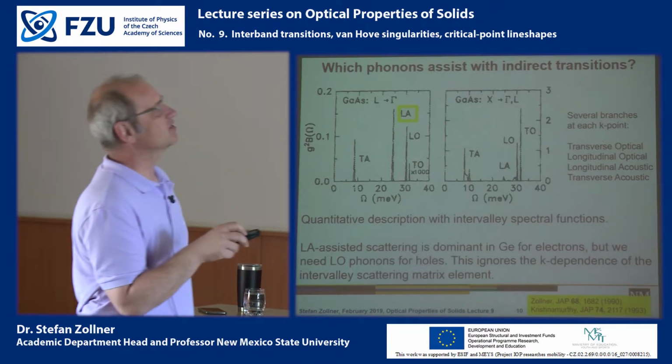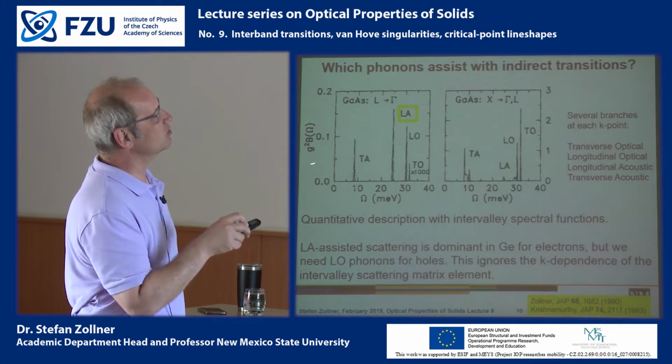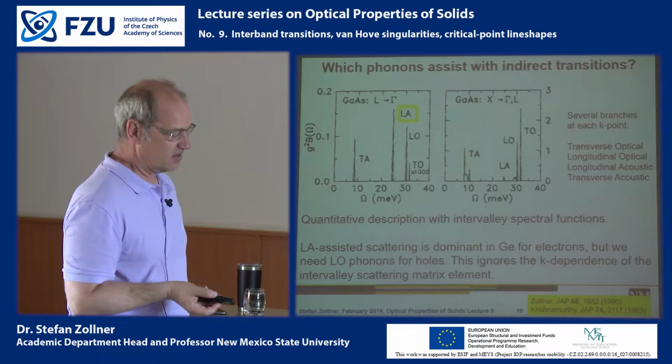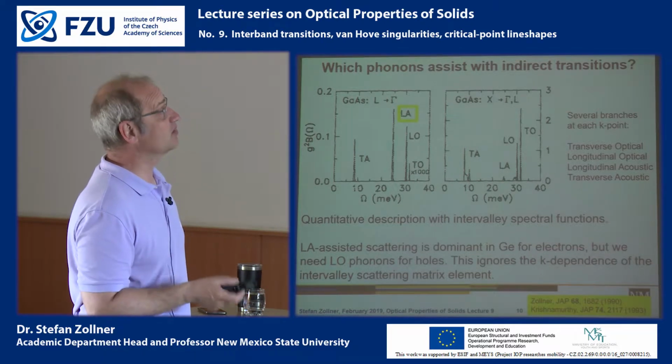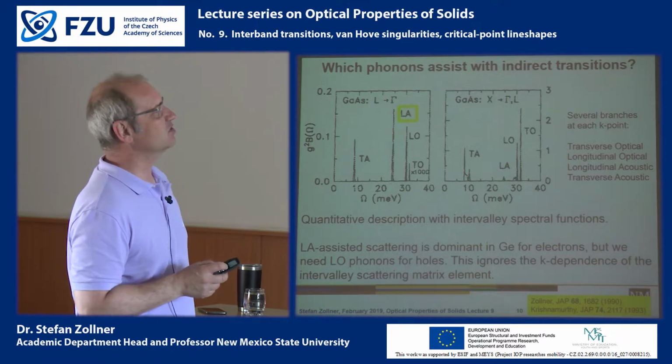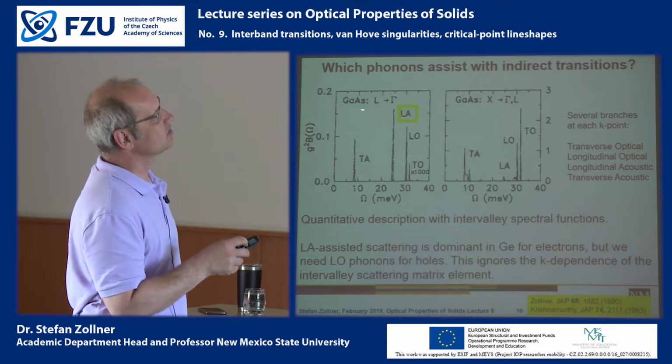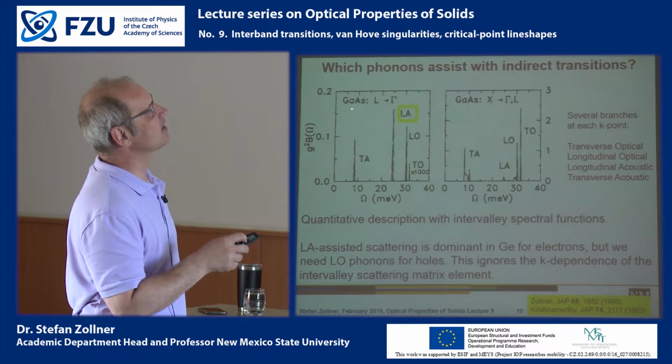But this is a spectral density of states, where we multiply the density of states with the probability that the phonon at that energy will contribute to an intervalley scattering process. So this is not germanium, this is gallium arsenide.